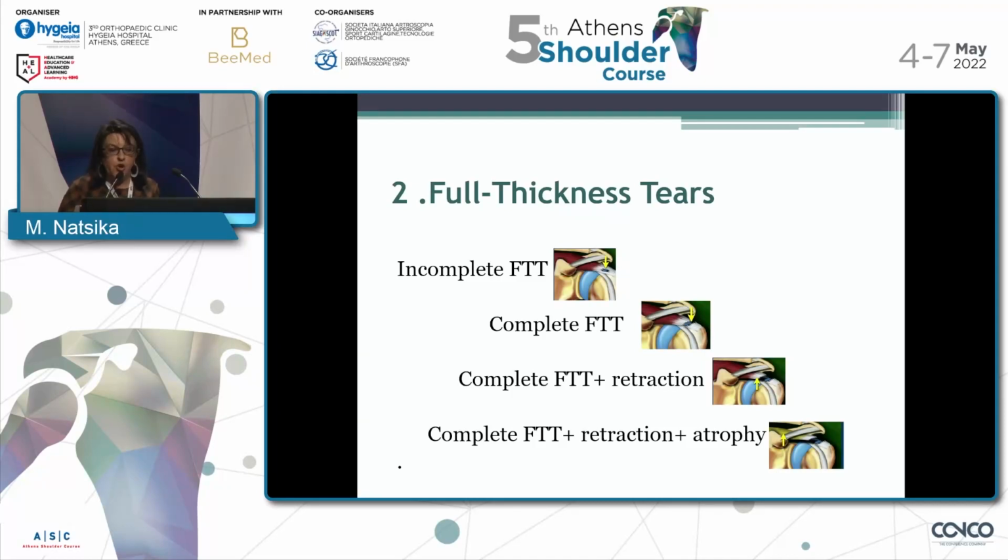We have the complete full thickness tear that refers to all the width of the tendon. We have the complete full thickness tears with retraction, and finally the retraction with atrophy.